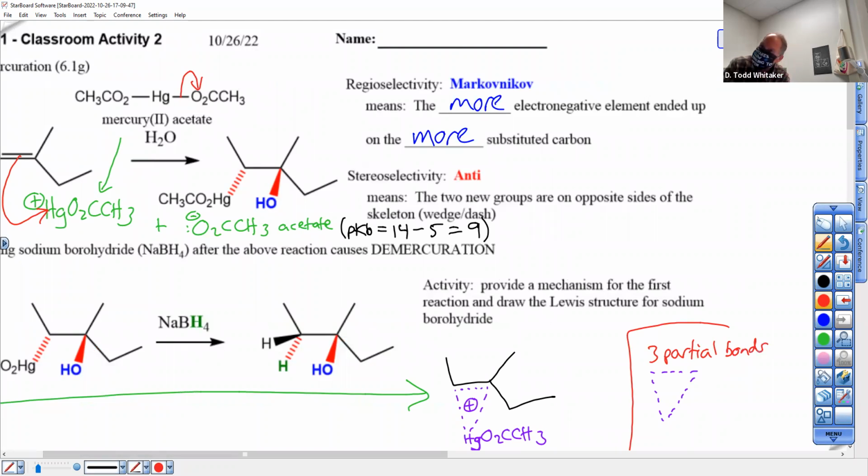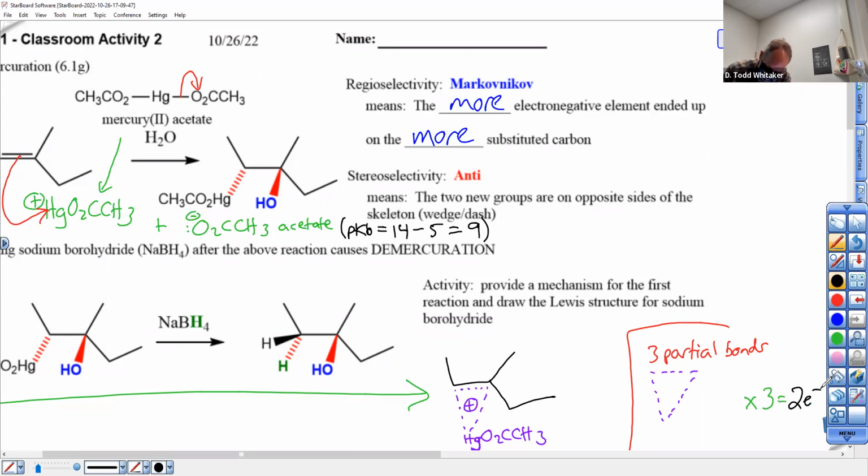Remember, all 3 of them were made using only 2 electrons. So if you had to estimate and you pretended they were all equal, how much of a bond is each one? How many electrons are in each one? 2 electrons total in 3 partial bonds. Something times 3 partial bonds equals 2 electrons. What times 3 gives 2?